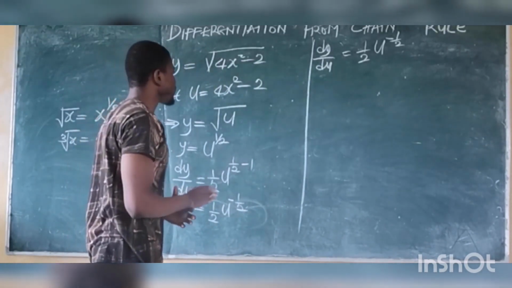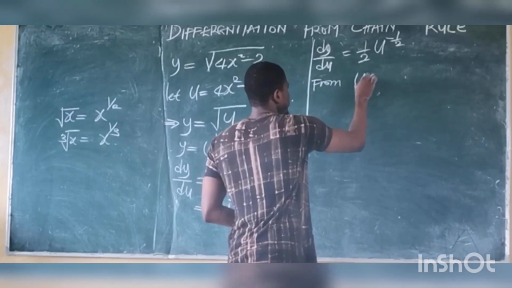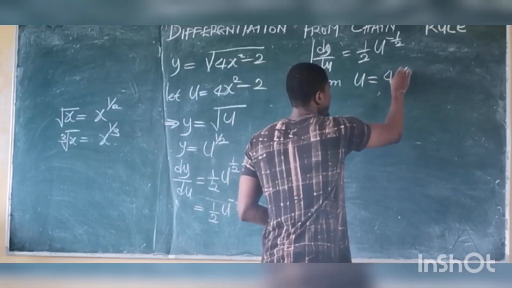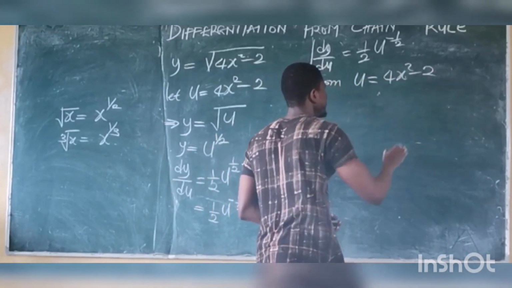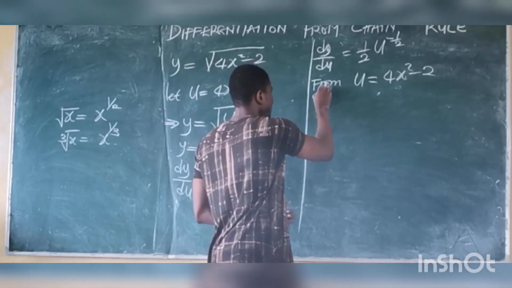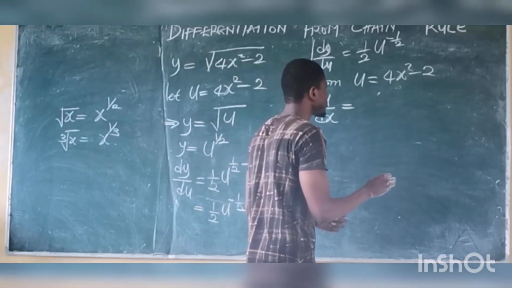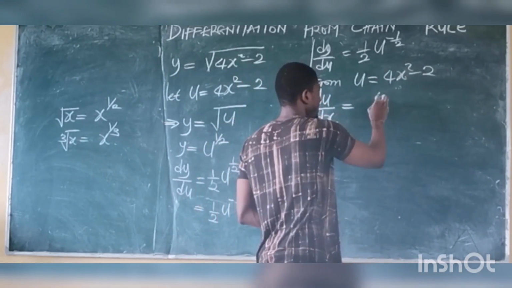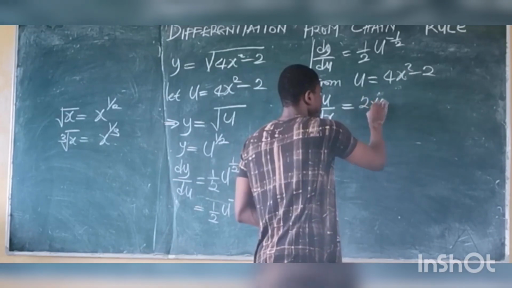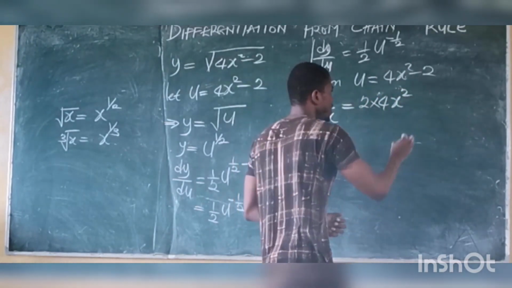Also from u equal to 4x squared minus 2, differentiate u with respect to x. I have du/dx equal to: use the power to multiply the variables, so 2 times 4x, then subtract 1 from the power.